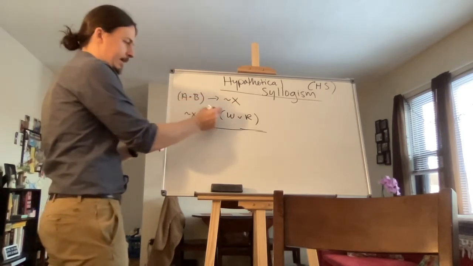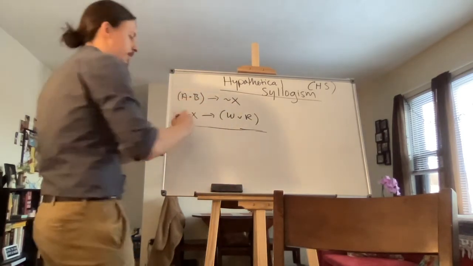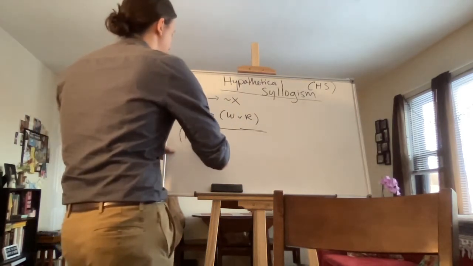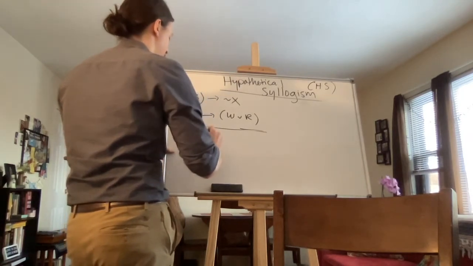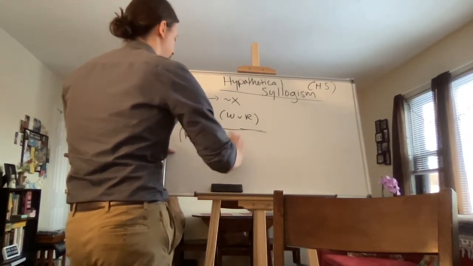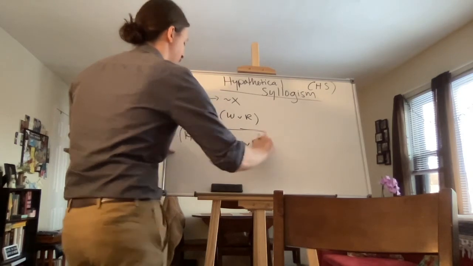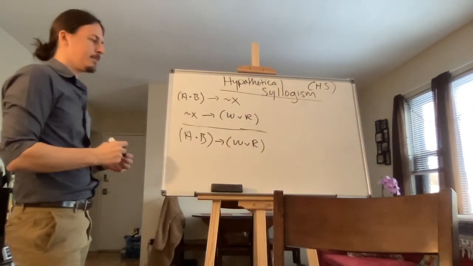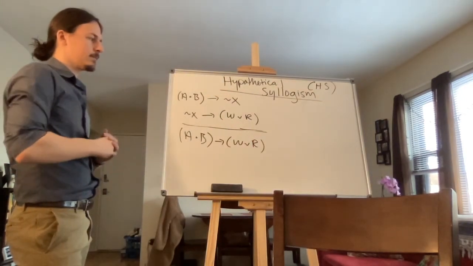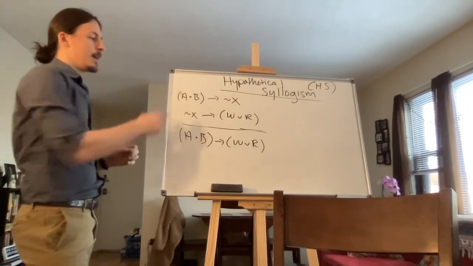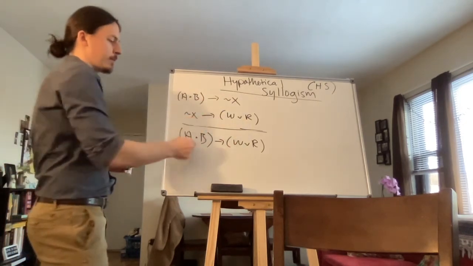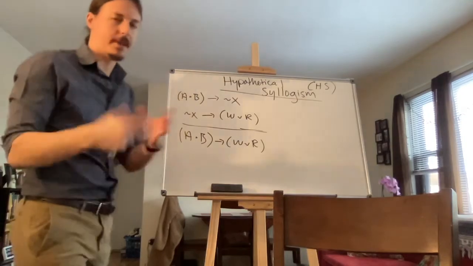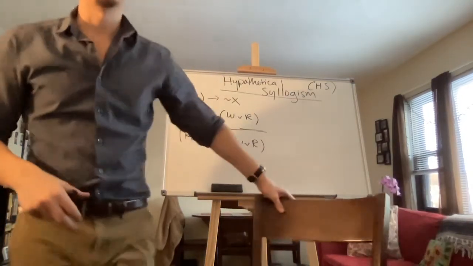You're just connecting the first and the last term. So you're saying, if A and B, then W or R. Right? Same thing. If P then Q, if Q then R, therefore if P then R. It's the same form. You're just adding a little more substance to it, so to speak.